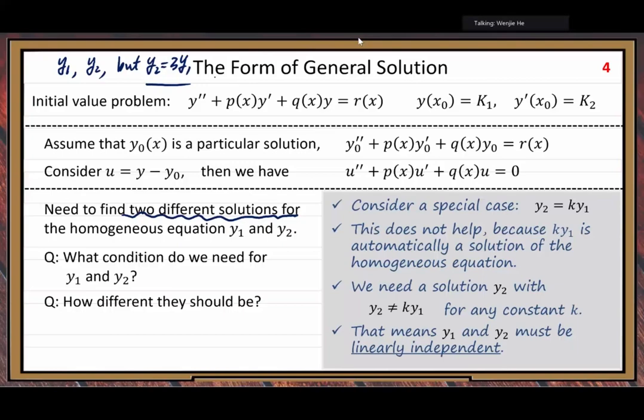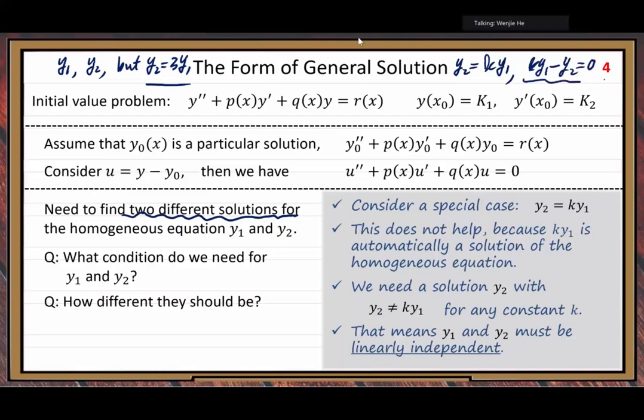If you recall a little bit of linear algebra, because in this class we cannot spend a lot of time on linear algebra, if y2 equals k y1, you can write a linear equation k y1 minus y2 equals 0.